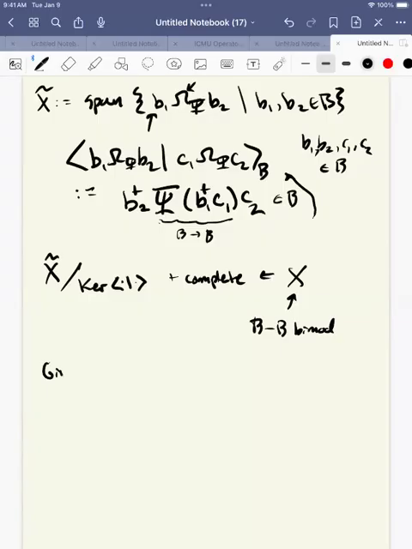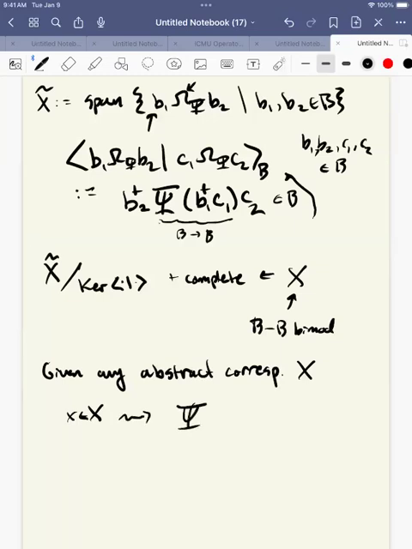So given any abstract correspondence, now suppose I started with an abstract correspondence, which means just a BB bimodule X with a B-valued inner product. Each element here defines a non-local operator in the following way. You define phi sub X of A to just be the inner product here, and this lives in B, right?